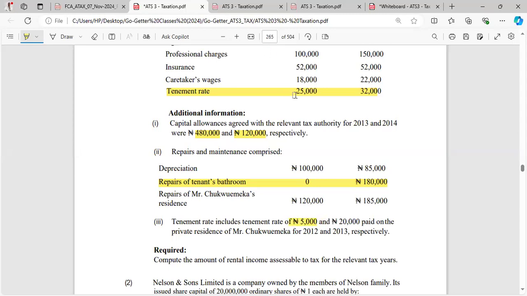He paid 25,000 as total tenement rate. But 5,000 out of it is for his personal use. So this 5,000 naira is not allowed. The same thing to this 20,000 out of 32,000 is not allowed.